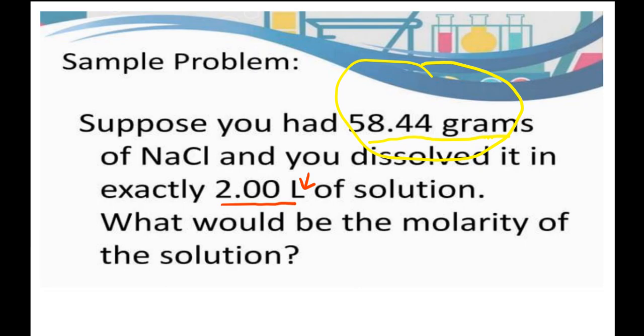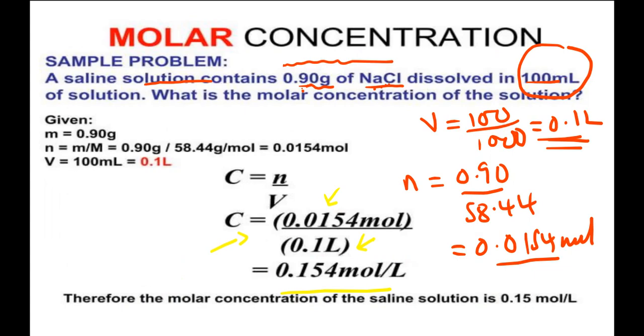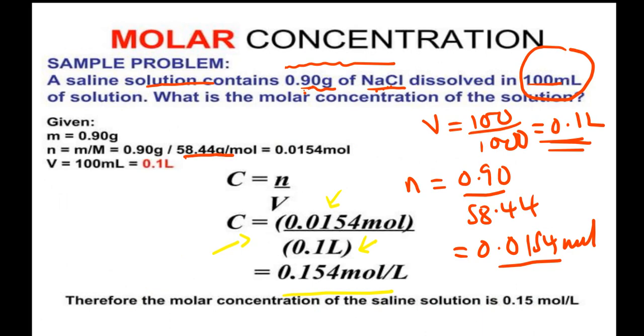Okay, so what will be the molarity? So we have 58.44 grams divided by, what did we say was the molar mass of this? It was this same thing, right? If I can go back here, the molar mass was 58.44. So this first part here is just my moles.